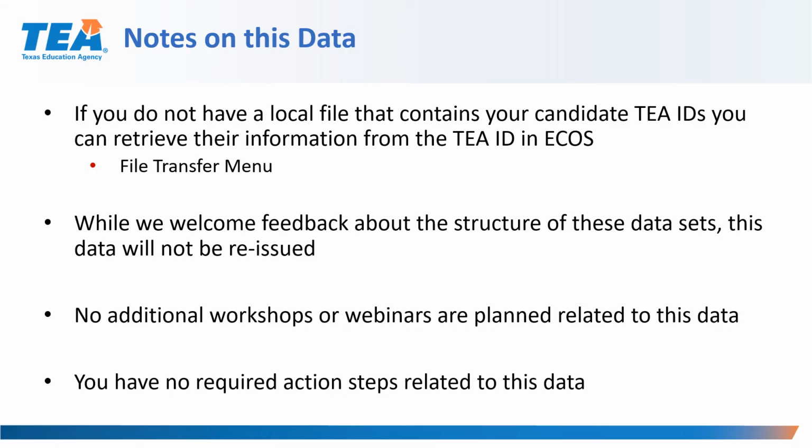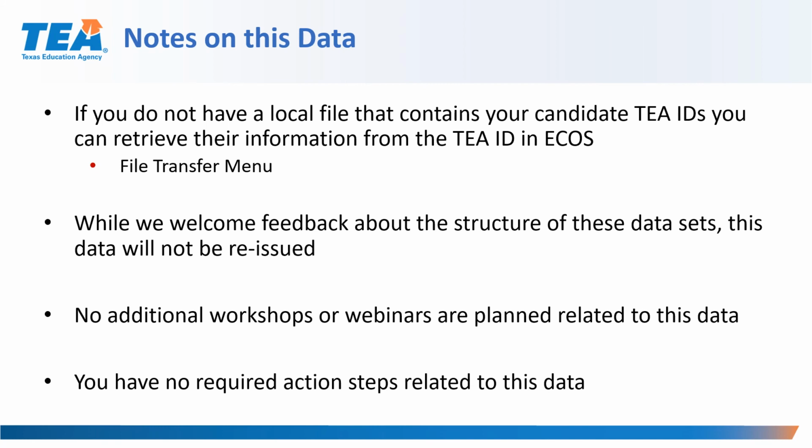Finally, a few notes. If you do not have a local file that contains your candidate TEA IDs, or the names of your candidates related to their TEA ID, you can retrieve their information from the TEA ID in ECOS. This is located in ECOS under the File Transfer menu. Second, while we welcome feedback about the structure of these data sets, this data will not be reissued.